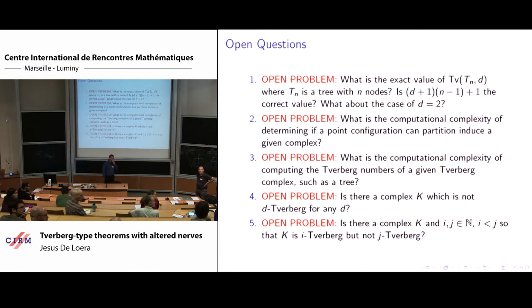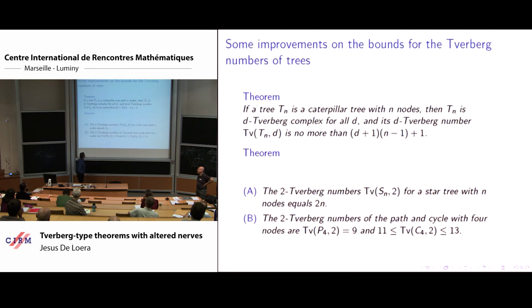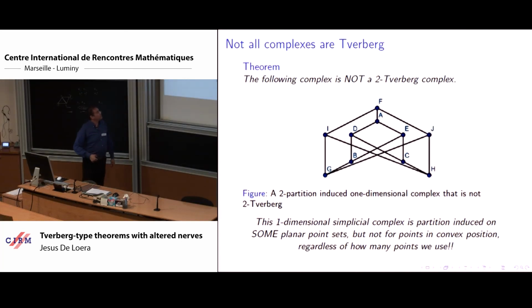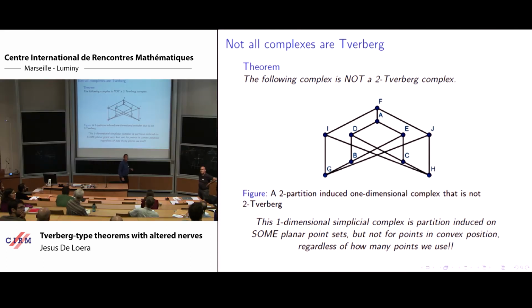Do you know the graphs that are not Tverberg? That cannot be the nerve of any partition? That's what I mean. We have this graph that I show here, so this is not Tverberg. Yes, but I said it wrongly. But you can find partitions that realize this graph.